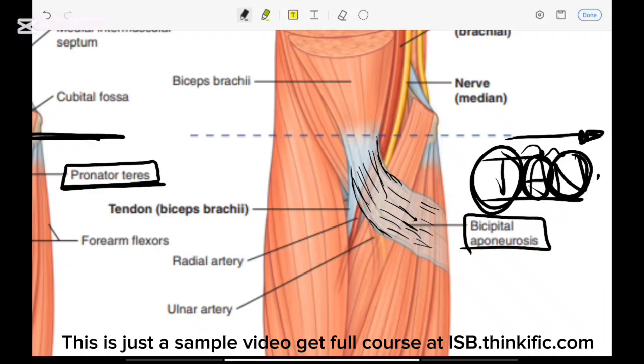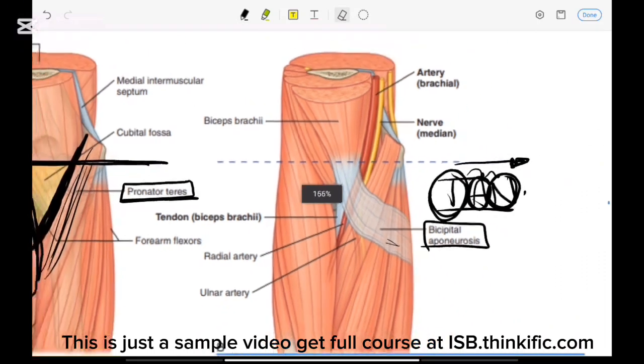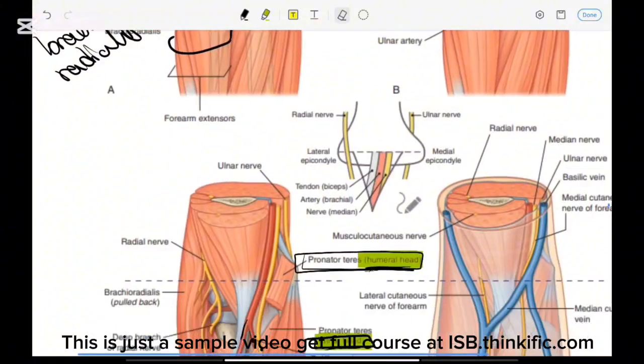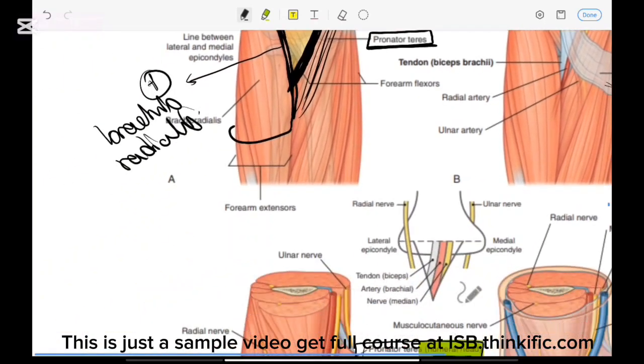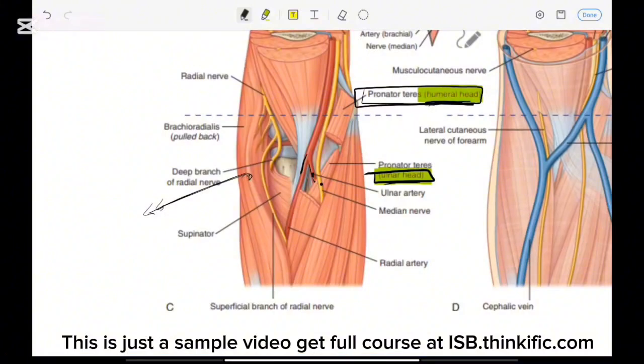The radial nerve is not a content of the fossa, but it is related to it. Now, if you go to this diagram, in this diagram the brachioradialis has been pulled laterally, right? If you pull the brachioradialis laterally, you will see the radial nerve just deep to it, just under the lip of the brachioradialis, right?